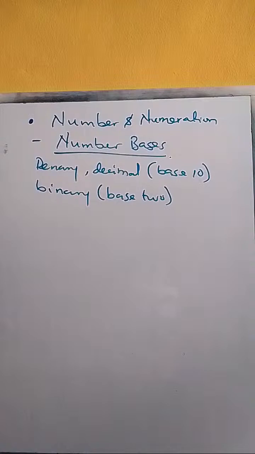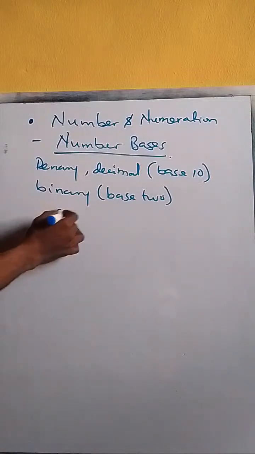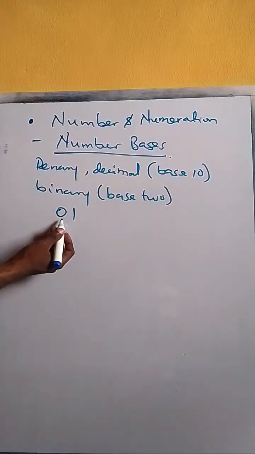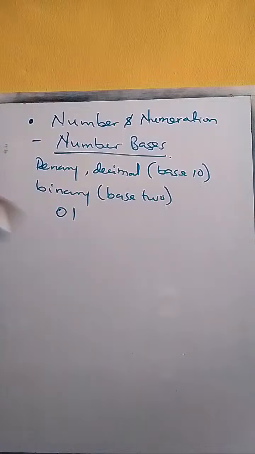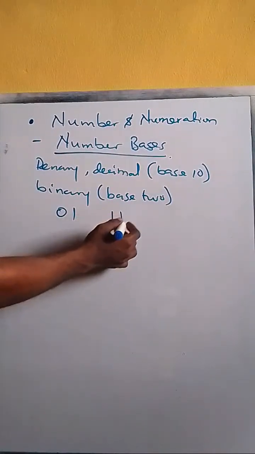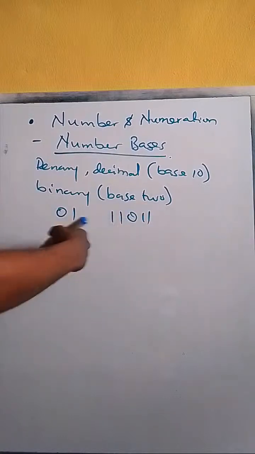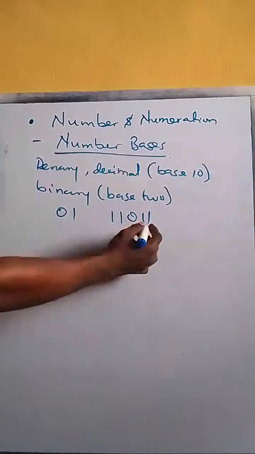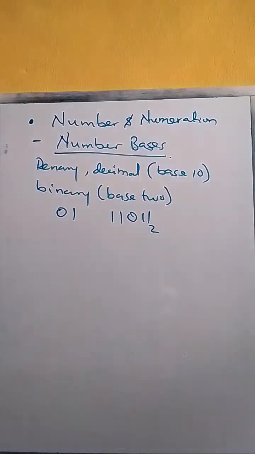And for base 2 numbers, we only have 0 and 1. So we can't have any digit up to 2. So whenever we have something like 11011 or something like that, we have only 0 and 1 in base 2 numbers.